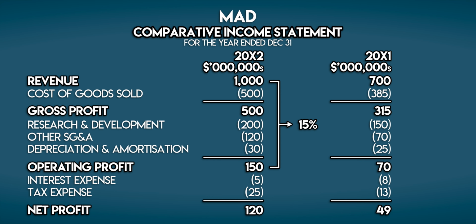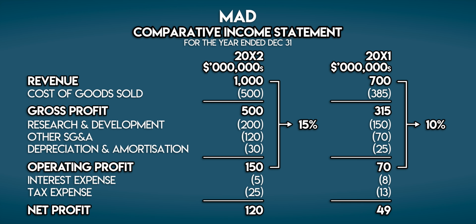But in the previous year, they only managed an operating profit of $70 million. When we divide that by their revenue of $700 million, we can see that their operating profit margin was 10%. So overall, that's a 5% increase in operating profit margin year on year, which is not bad at all.